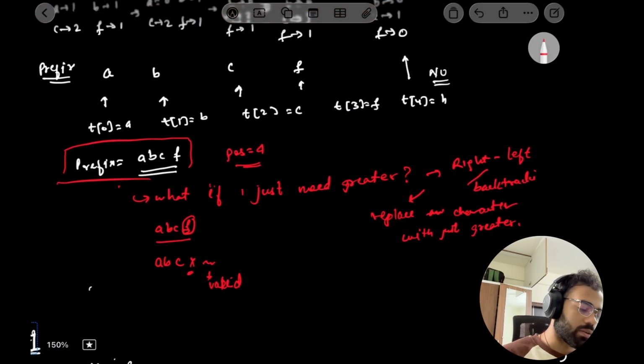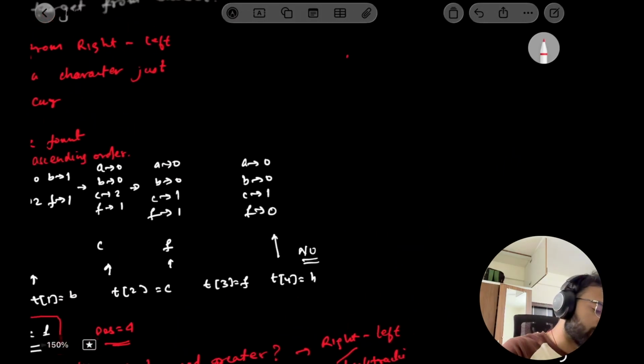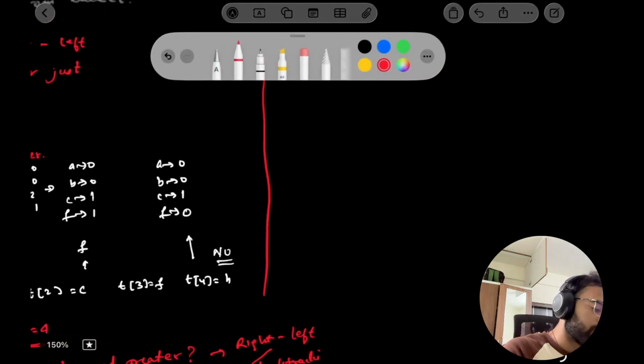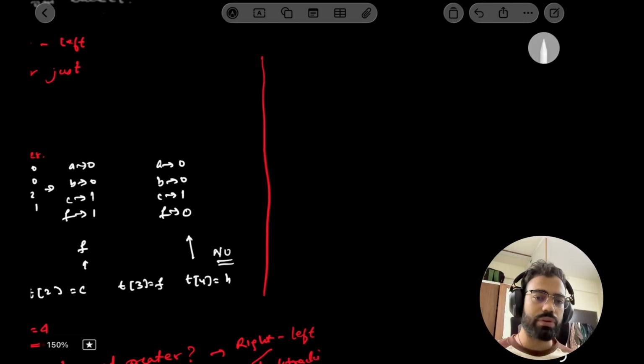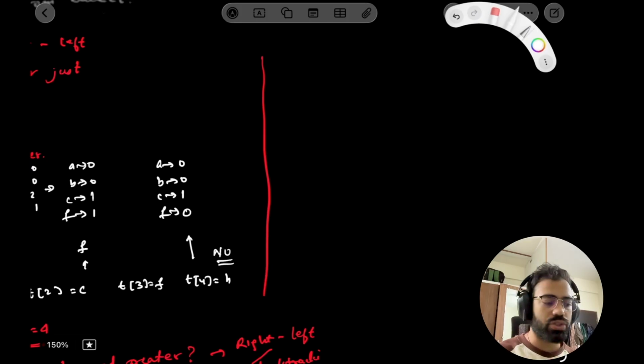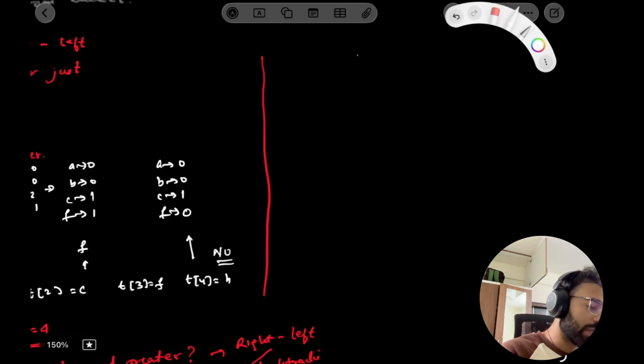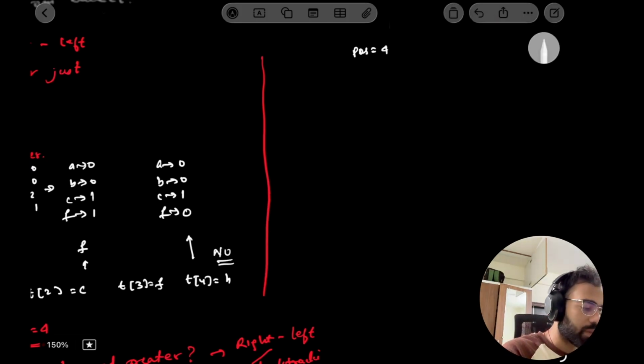So now let's see this backtracking part. Did you understand why we did backtracking? Backtracking is required because we need just greater than, and the prefix exactly matches. So for our case, we reached position equals 4. And what was our bucket? A0, B0, C1, F0. And what is target of 4?